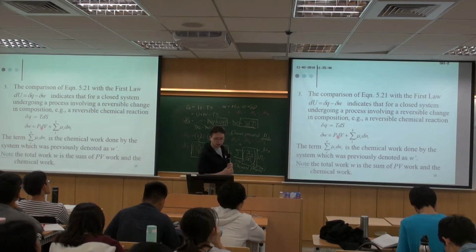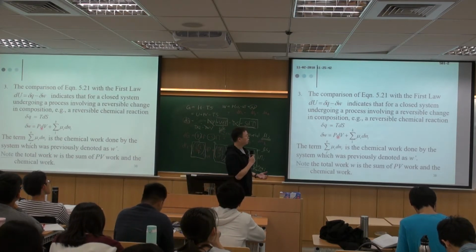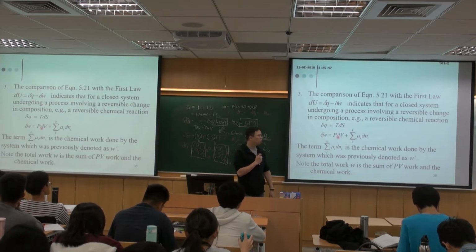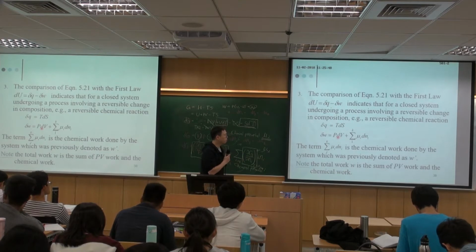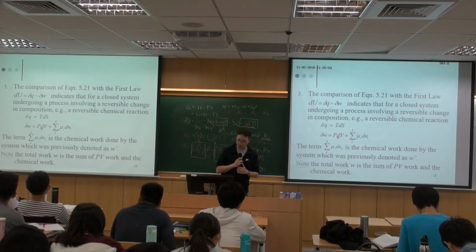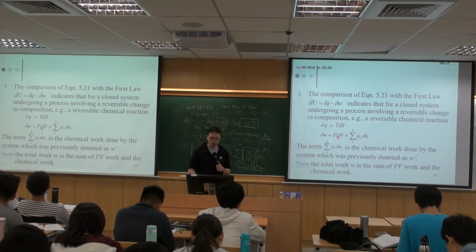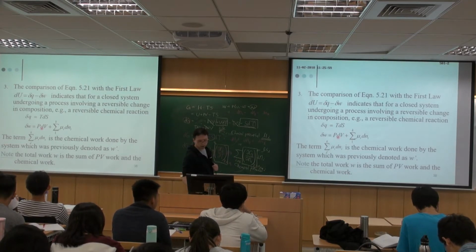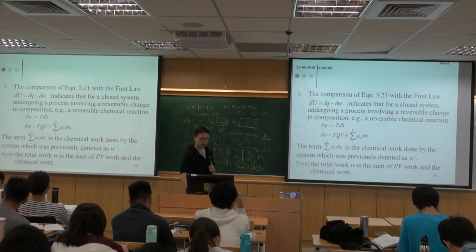And in this case, if you're having chemical change, composition change, this will correspond to the chemical work done by the system. So therefore, previously denoted as W prime. So the total work is the sum of PV work and the chemical work. Okay? If you're dealing with an open system and if you're dealing with a chemical reaction.